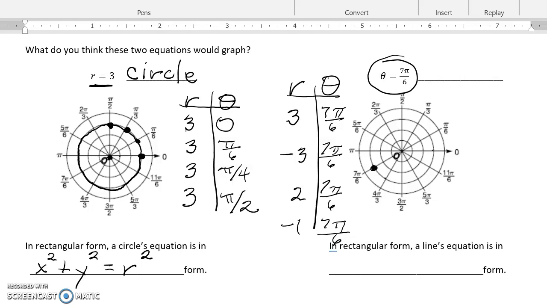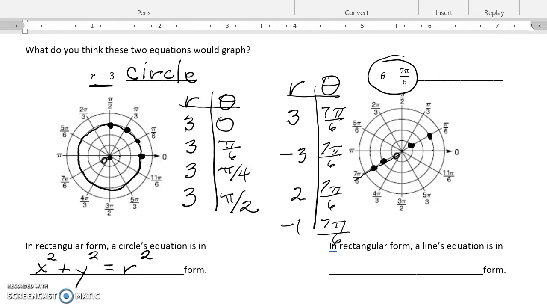My radius is negative 3, 1, 2, 3, and 7 pi over 6 would be right here. My radius is 2, 1, 2, and 7 pi over 6 right here. My radius, negative 1, would be to the left one, and 7 pi over 6 would be all the way around here. So what are we going to get?